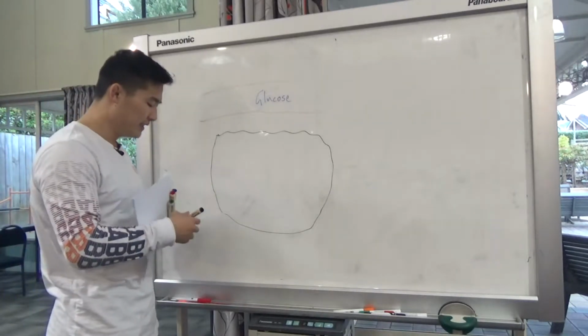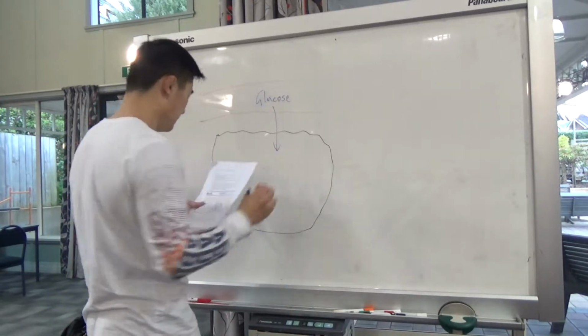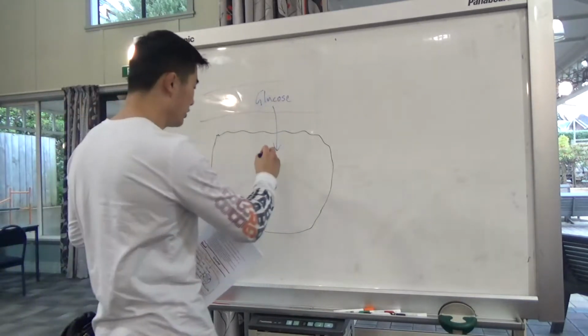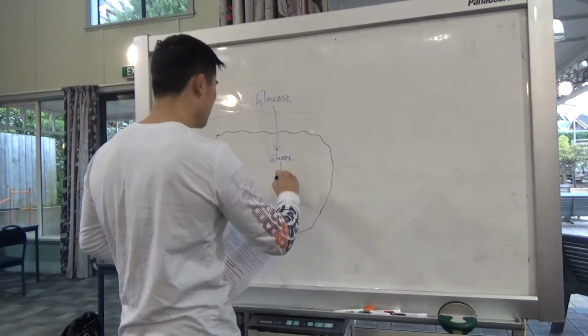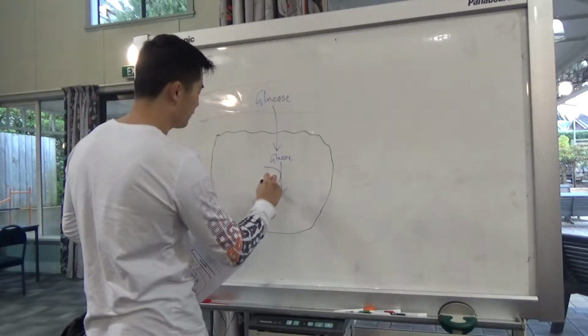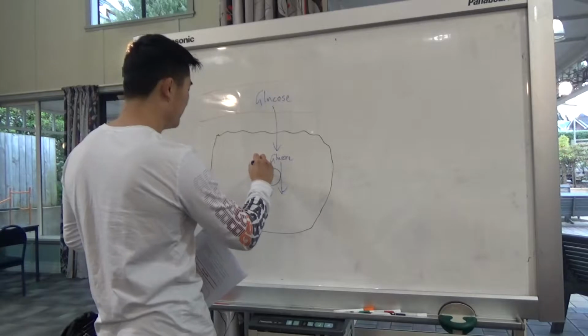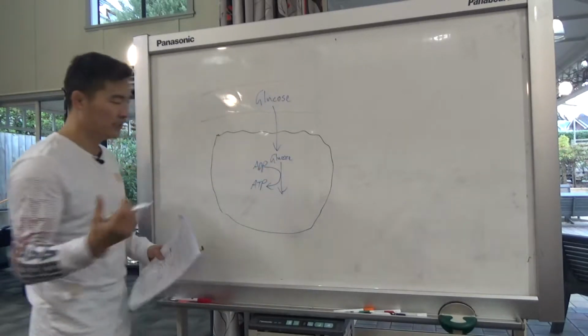So once it gets in, it's going to be broken down through glycolysis, and through glycolysis we're going to take ADP and we're going to turn that into ATP.